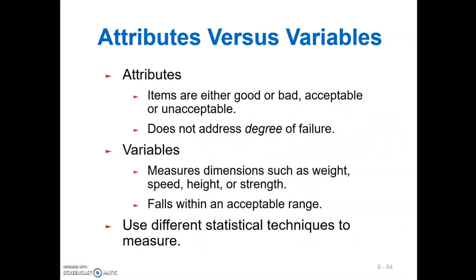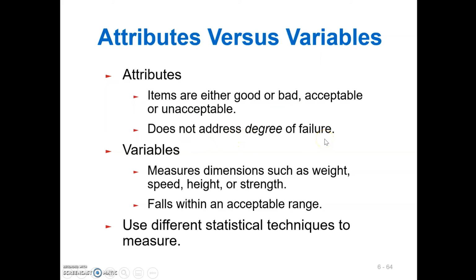Okay, so I just wanted to explain attributes versus variables. You need to understand these two terms so that you know what to measure. In terms of attributes, it's deeming an item or a product either good or bad, acceptable or unacceptable. This does not address degree of failure.